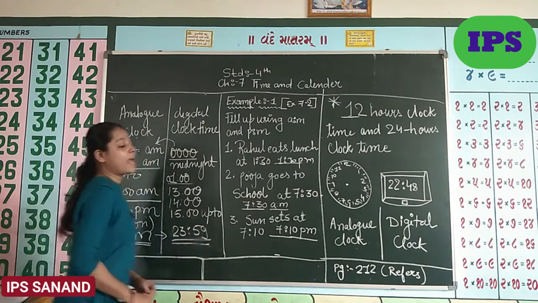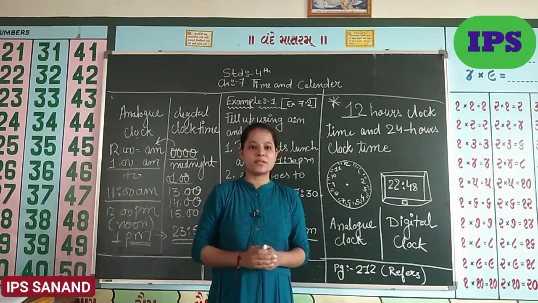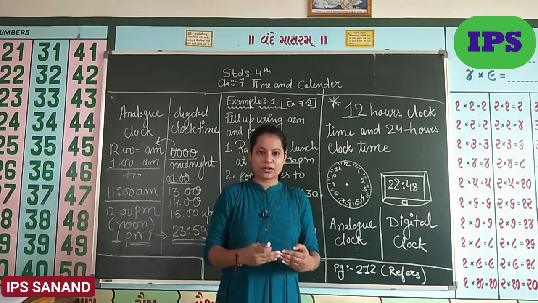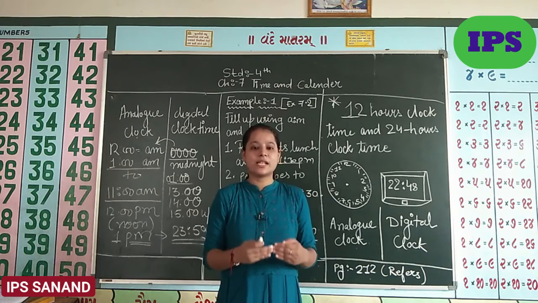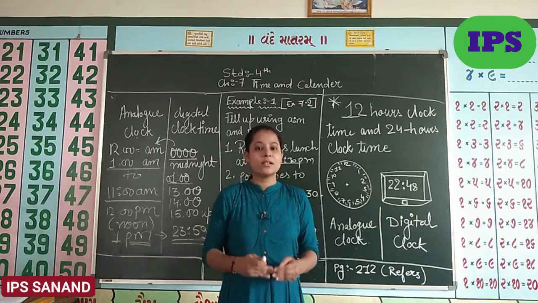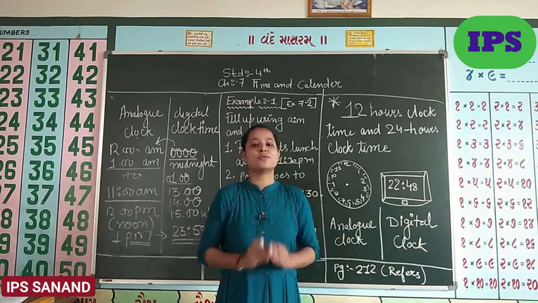59. Okay, as you know, in clock we have 24 hours. After 12 o'clock in the noon we have 13 o'clock, 14 o'clock, 15, 16, 17, 18, 19, 20, 21, 22, 23, 24 and so on.